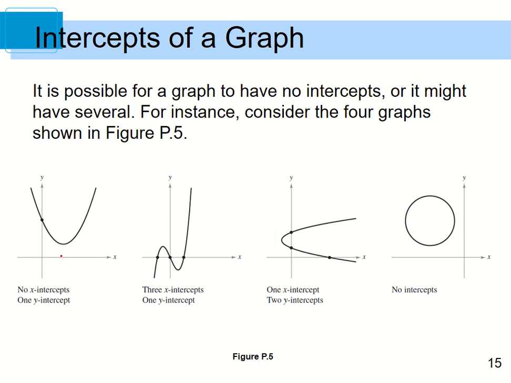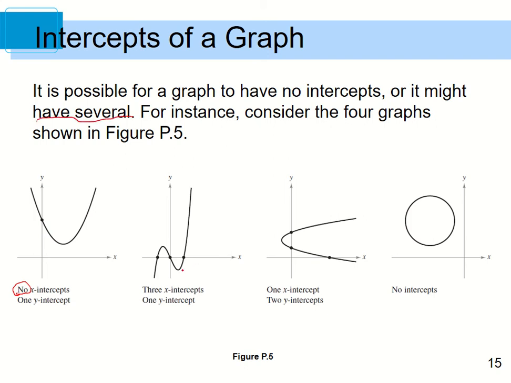As you can see, the first graph here has no x-intercept. The graph has only one y-intercept. In some situations, the graph might have several intercepts.